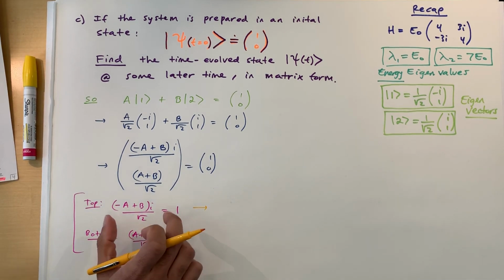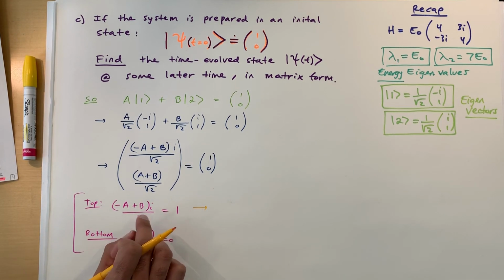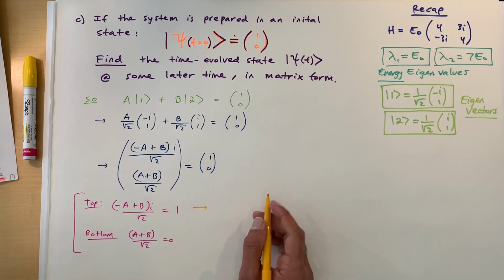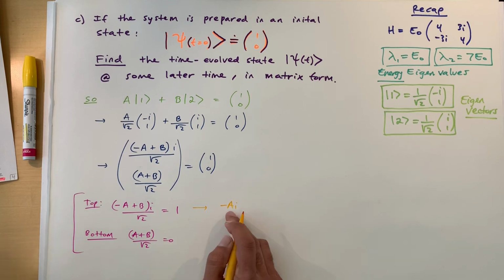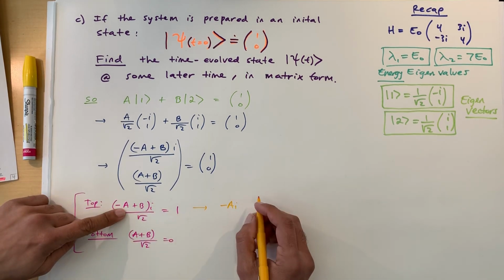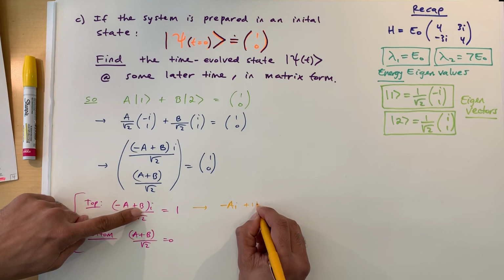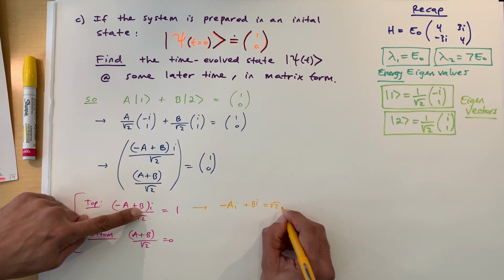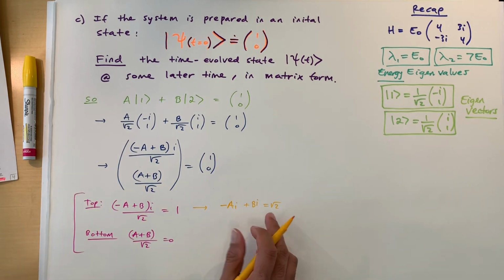And we're going to solve. I'm going to put this on the other side and distribute in the i. So I'm going to have negative A i plus B i, and that's equal to square root of 2, which I put on that side.